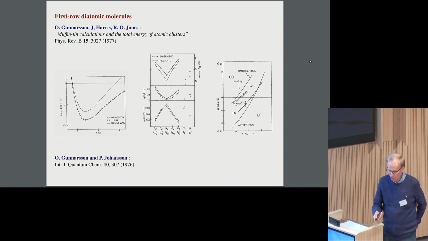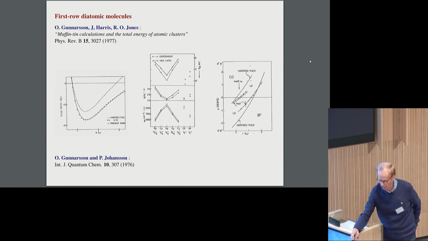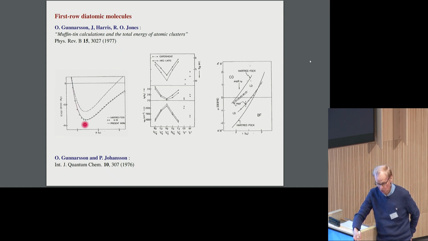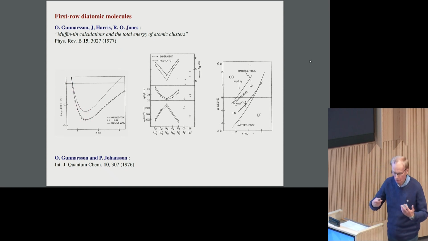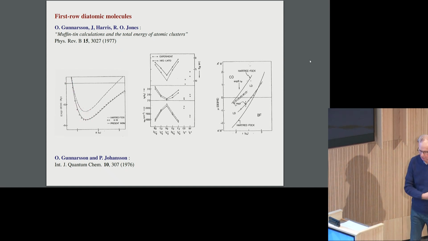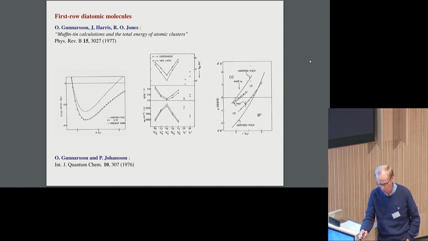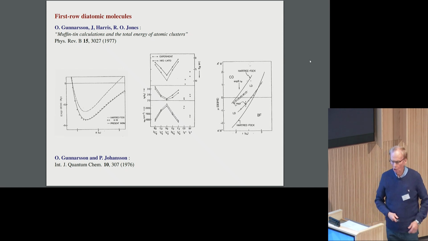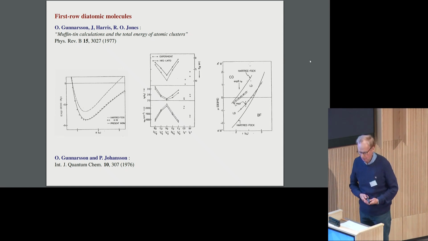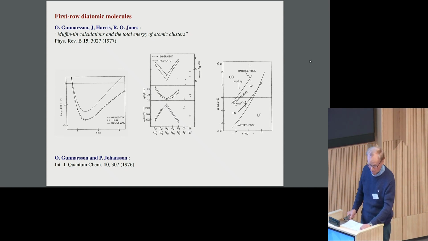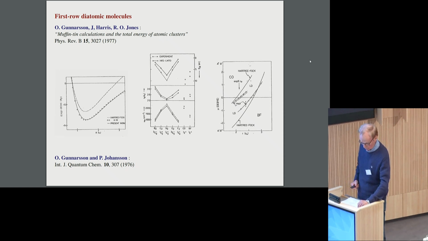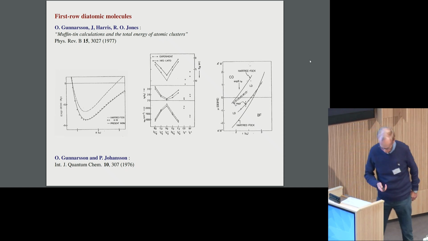I mentioned the work by Gunnarsson and Johansson, which was part of Ola's thesis, that they got almost exactly the same results as we got for H2, and they used a completely different basis. They used numerical algorithms, and we used LMTOs, but the results were basically the same. And of course, if you've got a decent basis, you should be able to get good agreement.